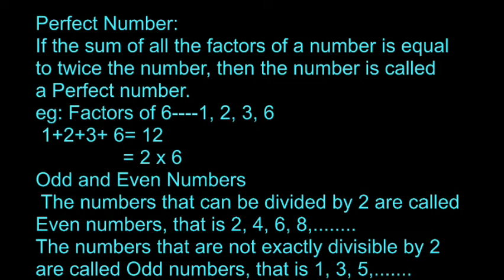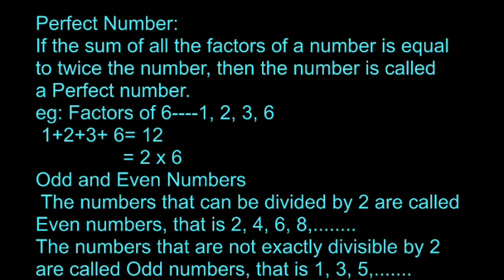Then, we already studied odd and even numbers. What is meant by odd and what is even? Here, the numbers that can be divided by 2 are called even numbers. That is 2, 4, 6, 8, 10, 12, etc. Such numbers are called even numbers.